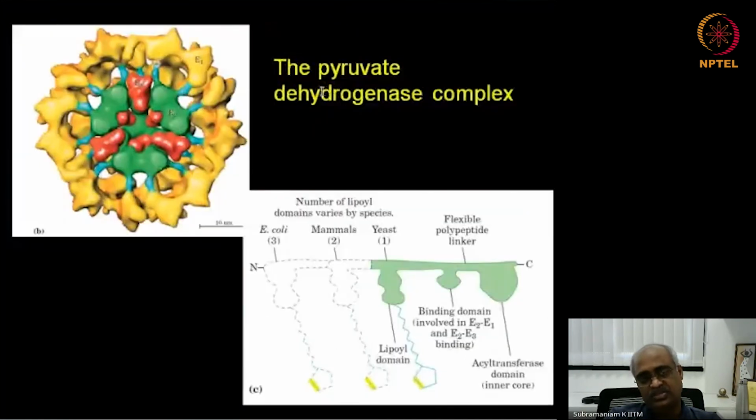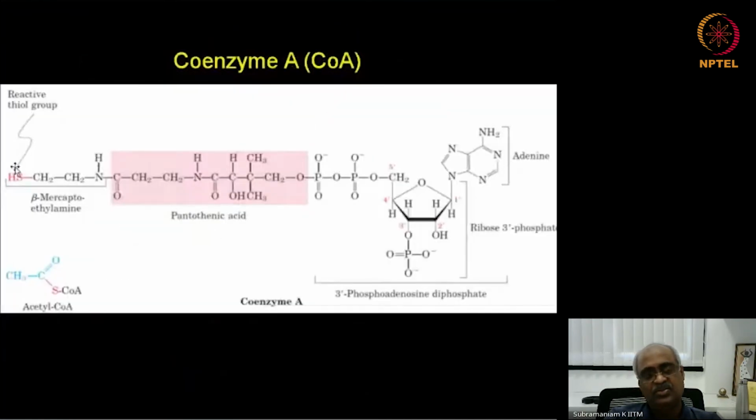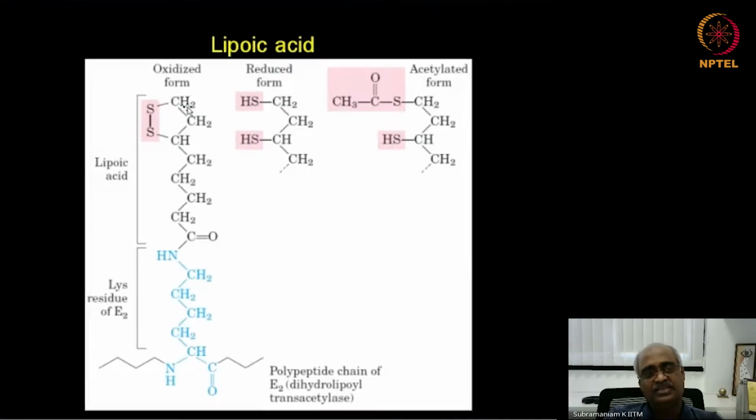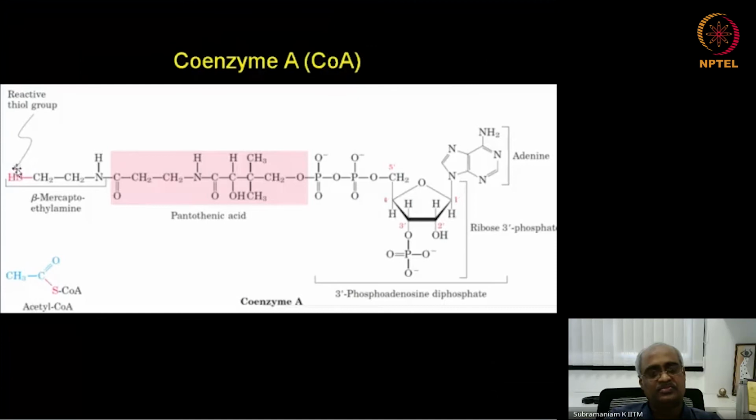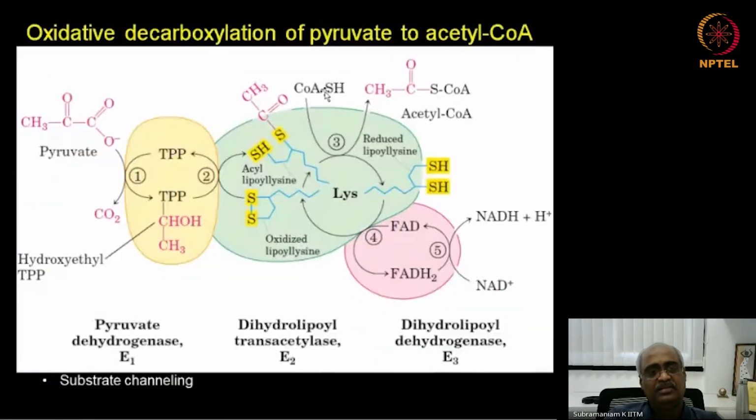So remember this coenzyme A we just saw here. So essentially it is given to this in this form, and from here it is transferred to this. And that is what is happening here. So this coenzyme A is that big structure. So this is simply a trans-esterification from one thiol group to another molecule's thiol group. So this is an oxidation step, aldehyde to carboxylic acid, as well as electron transfer.